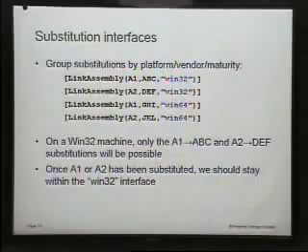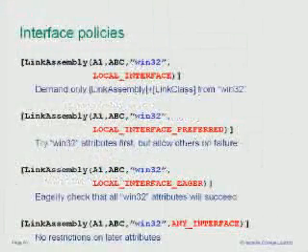And the point is, if you start doing linking and you decide that A1 should in fact be substituted by the ABC assembly, you probably want to stay within this sort of conceptual Win32 family of assemblies. And similarly, if you choose that way, you probably want to stay within the Win64 family of assemblies.